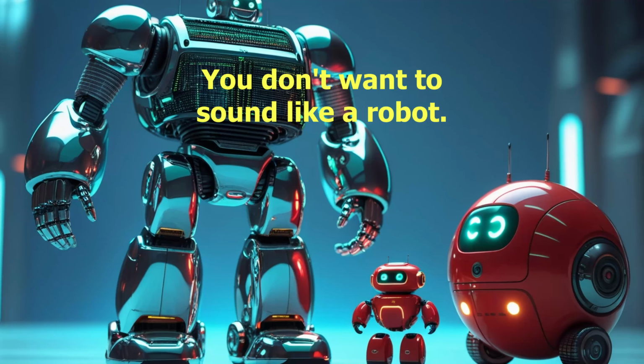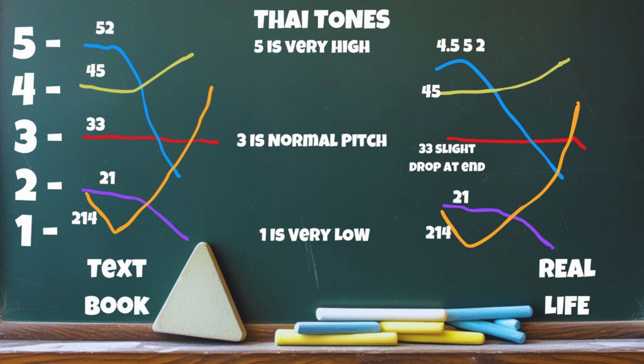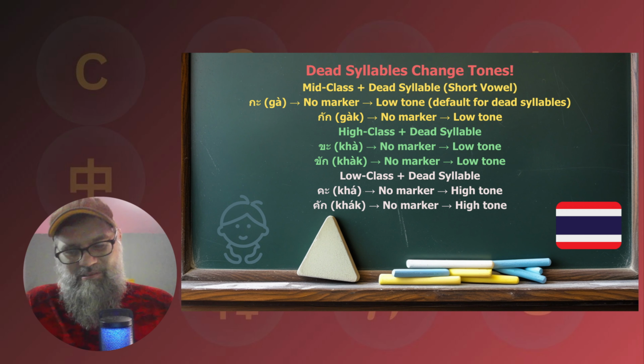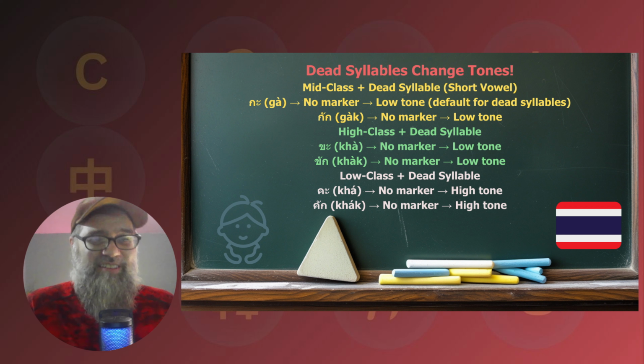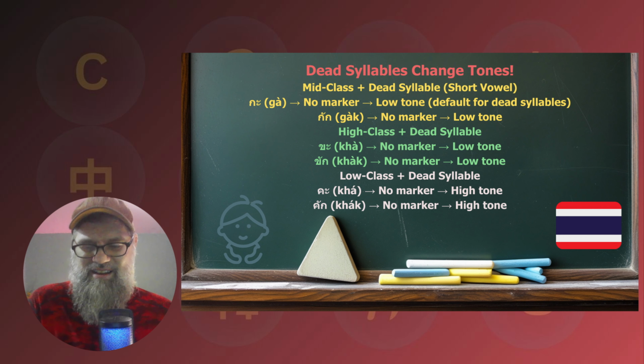But if it's normal, ka, if you try to keep it level, you'll end up going for a rising tone or a high tone, and you don't want to do that. So that's why I say it's also about the throat position. What are you doing with your throat? You just kind of have to let your voice run out of breath when the syllable ends. Of course, you're not going to go ka. You just go ka, ka.